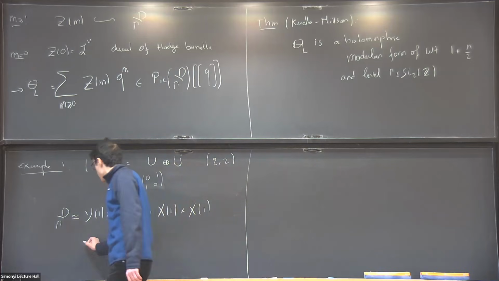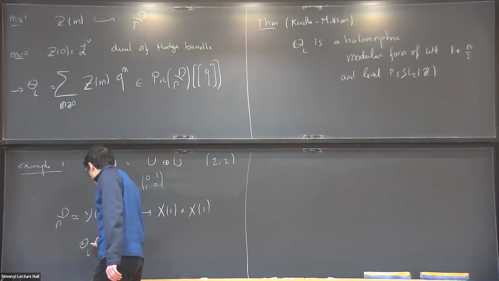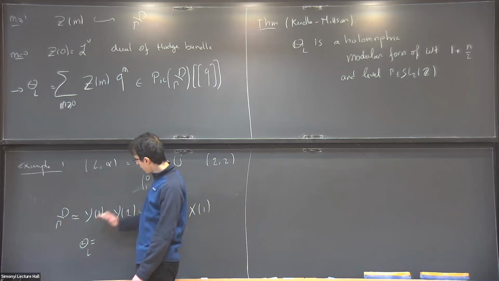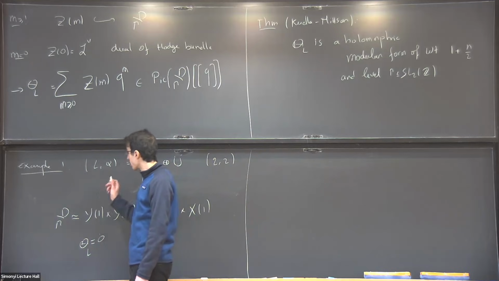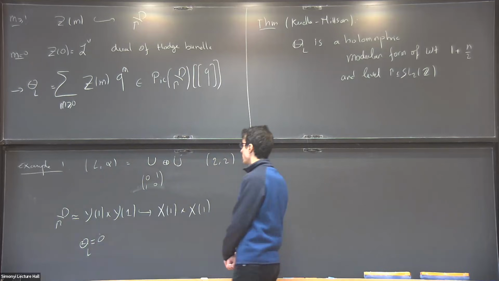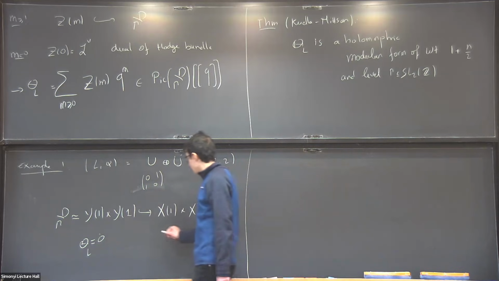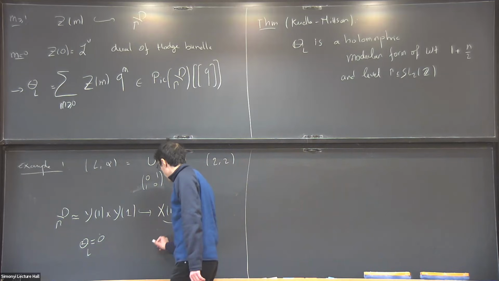And this generating series, theta L, in fact, if you just look at it in Y(1) cross Y(1), it's just going to be 0 because the Picard group here is going to be trivial. But if you look at it in the compactification, this is where interesting things happen.